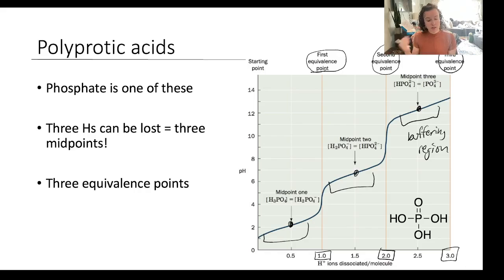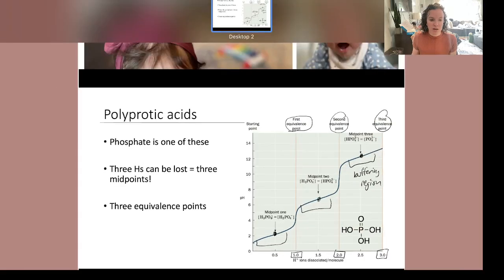Now, keep in mind, folks, the phosphate that I'm showing you on the screen, if you look at it, it is symmetrical. So which proton is lost first, second, or third doesn't really matter. They're equal to each other. Just know that each successive proton, its pKa, gets higher and higher, or it becomes more challenging over time to lose those protons. Up next, let's walk through visually how each of these protons is lost as we move down the curve.